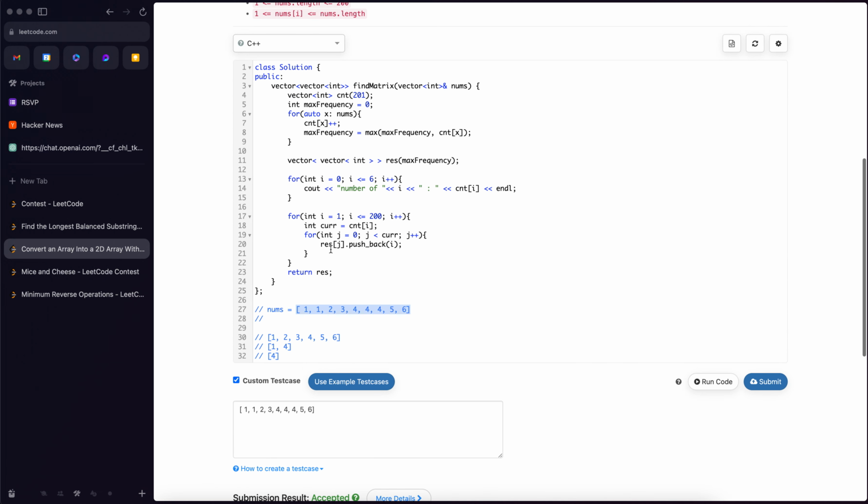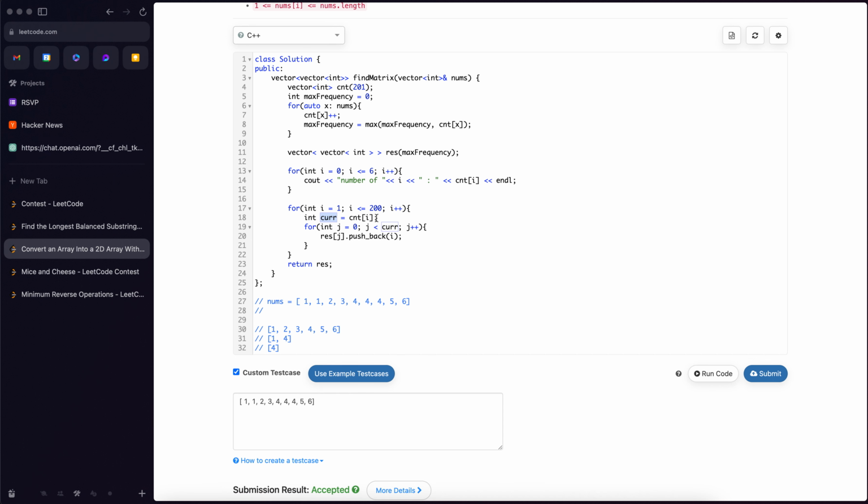So we'll basically iterate in this count array, and we'll find what is the count of the ith element. So it would be count i, and now what we need to do, we just need to push, so there are total this many as in current element. So we'll just need to go into these many rows.